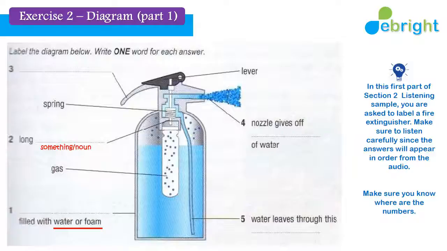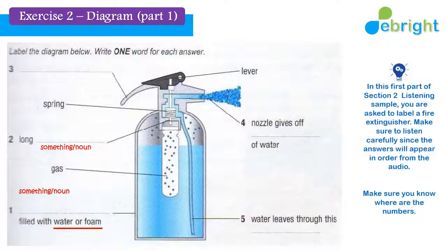Number 1, filled with water or foam. So, something that is filled with water or foam. So, yes, the body, the big round tube maybe. And then, we need something, or a noun.